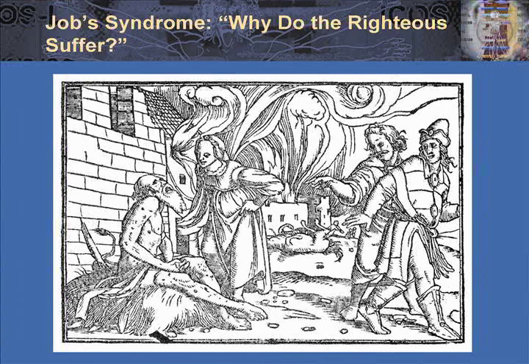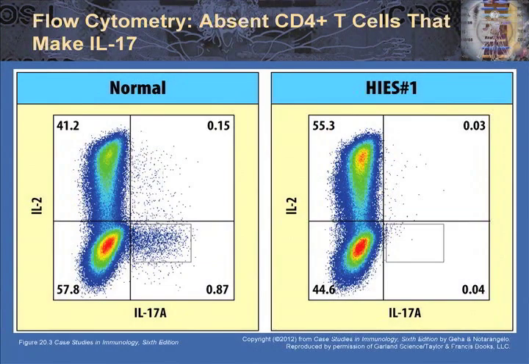Well, the hallmark immunologic finding in hyper-IgE syndrome, shown by our patient Stephen's blood analysis here, is the absence of a CD4 positive T-cell subset that makes the cytokine IL-17. What you're looking at here is a flow cytometric analysis from a healthy individual and a patient like Stephen with hyper-IgE syndrome.